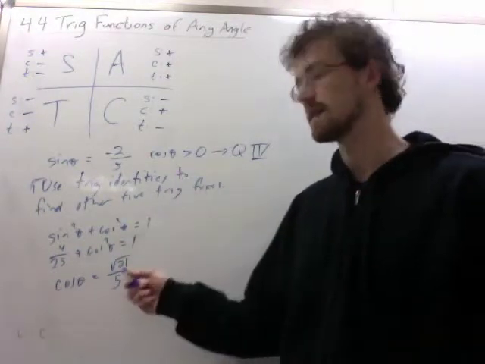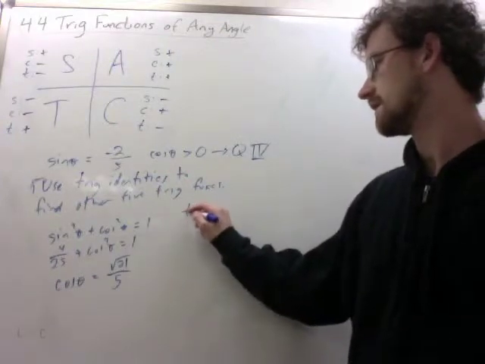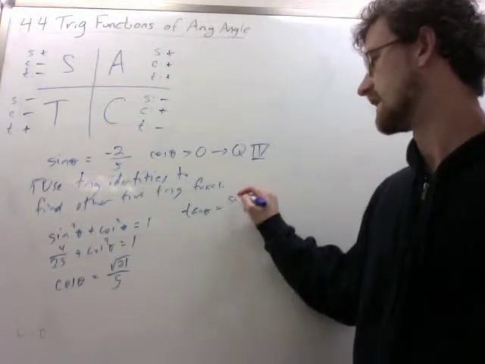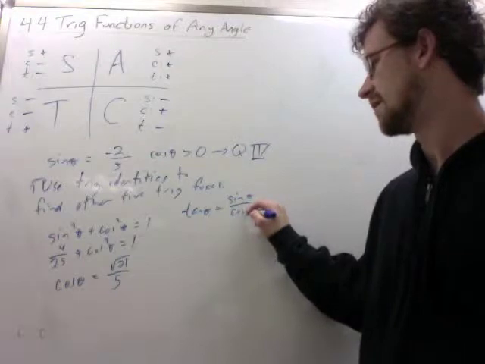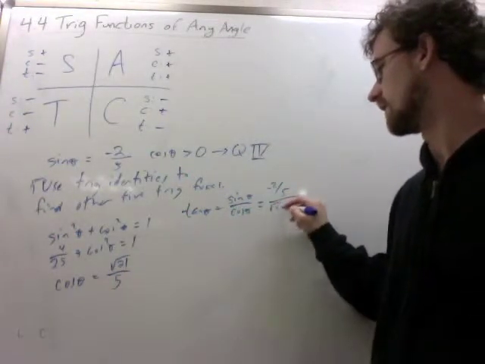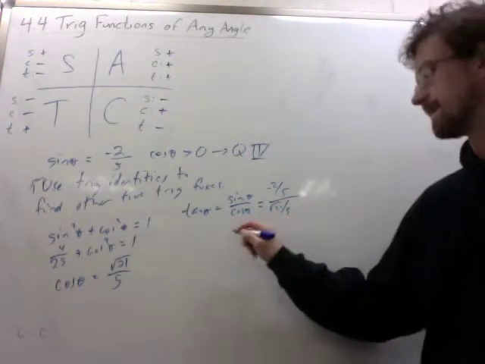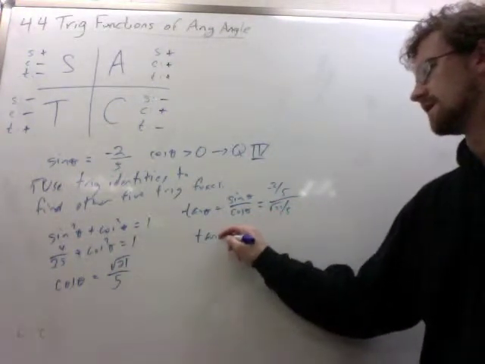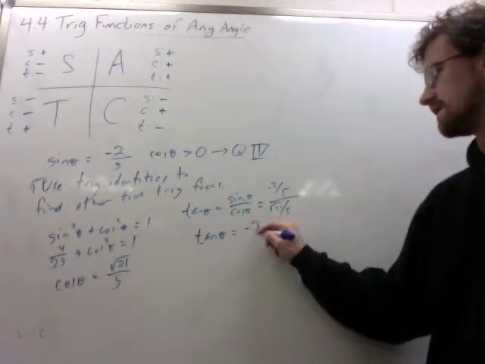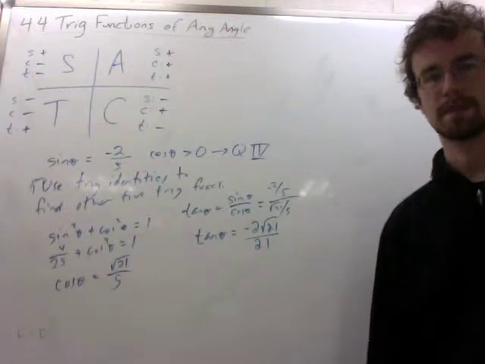We know that cosine is positive, so we take that positive square root. Tangent is equal to sine over cosine, so that's minus 2/5 over root 21 over 5, which is minus 2 over root 21. So tangent is minus 2 root 21 over 21.